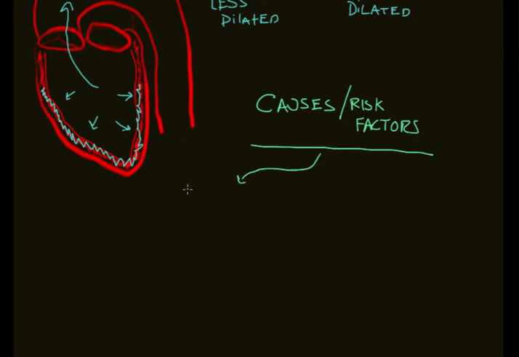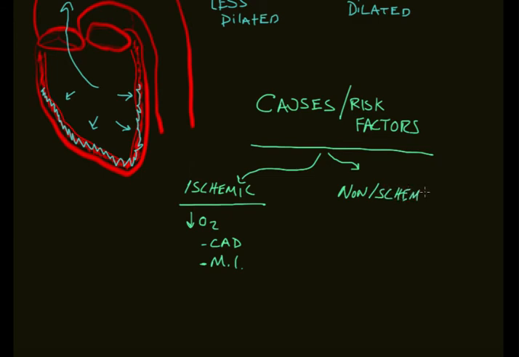The first one is called ischemic, and ischemic just means a lack of oxygen. So things that cause a lack of oxygen to the heart. And the two main ones are coronary artery disease, which is heart disease, and coronary artery disease leads to myocardial infarctions or heart attacks.